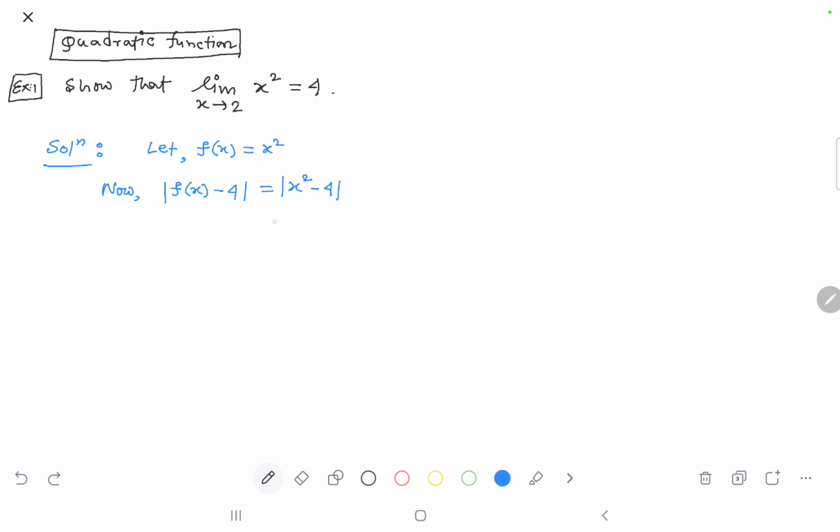We can factor this: (x minus 2)(x plus 2), so x plus 2 times x minus 2. Now we take the absolute value of the separate factors, x plus 2 and x minus 2. Is this clear?